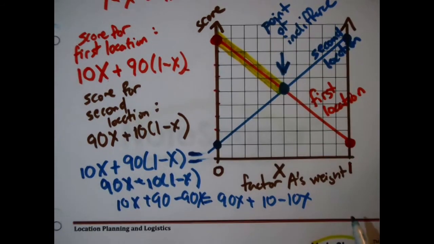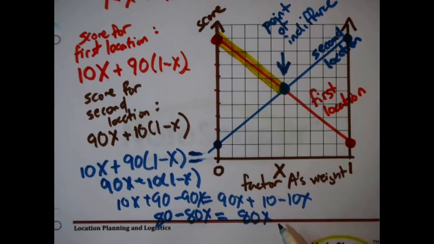Let me think. One of the things I could do is subtract 10 from both sides. So I have 80, and then it would disappear over here. Plus I could consolidate these terms, so it's 80 minus 80x. And over here, the 10 disappeared because I subtracted it from both sides. I could consolidate these terms, though, because it's 90x minus 10x. So that is also 80x, which, oh, wait a minute.